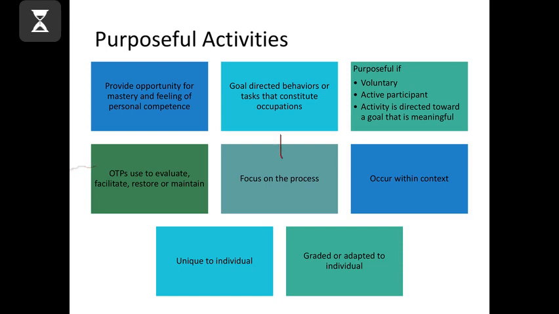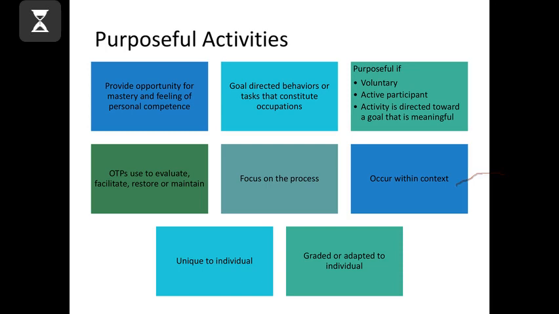What happens when someone's engaged in a purposeful activity? They feel good about it. They develop a sense of mastery and competence. And activities occur within a context, so, in an environment that the individual does these activities.